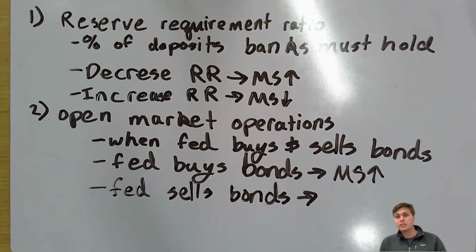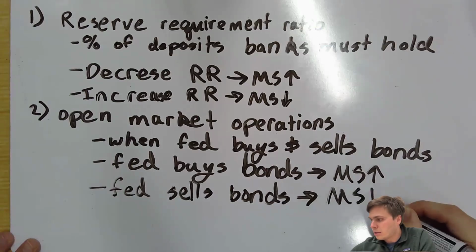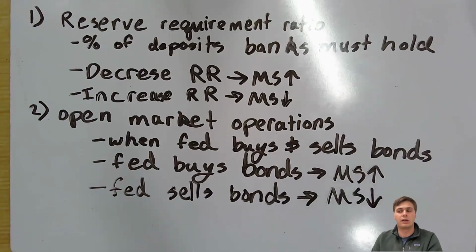And what did you give me in return? You had to give me cash. With that, now as the Fed, I don't need to re-release that money out there, and thus I shrink the money supply.